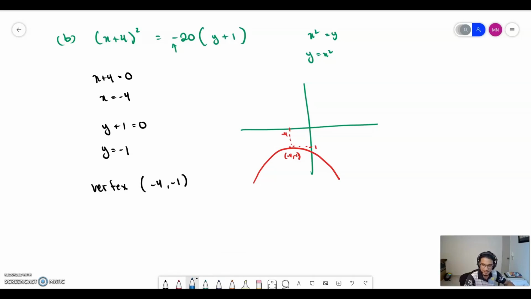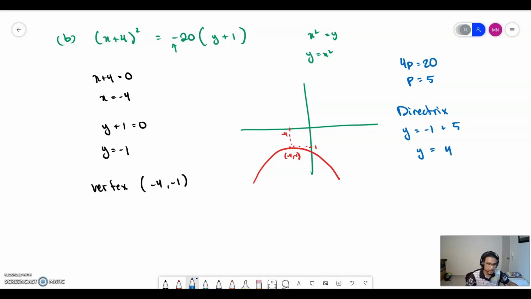Next we want to identify the focus and the directrix. We have 4p equal to 20, so p is equal to 5. Then our directrix will be y equal to negative 1 plus 5, so y equal to 4.